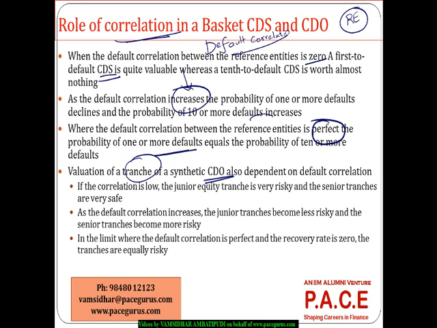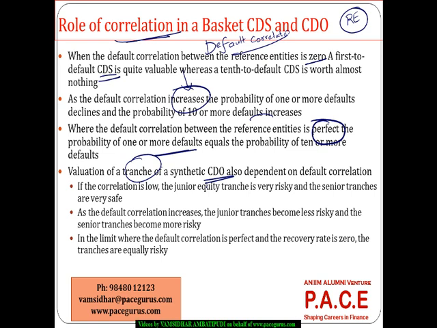Earlier, when no relationship was there, for the equity tranche at least some default was going to occur. Whereas as the default correlation is increasing, we are saying there is a possibility that no default may occur, which means the value of the equity tranche is going to go up.